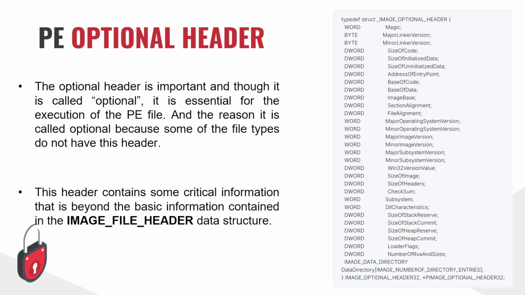You can see on the right side of the screen the data structure of the image optional header, which includes very important information as mentioned. It also includes the checksum, which indicates whether the malware has been modified or not.